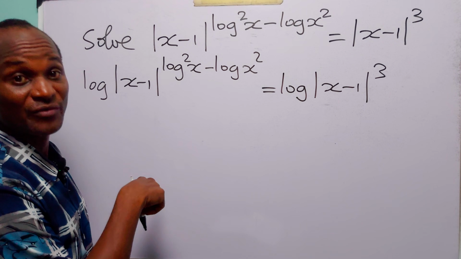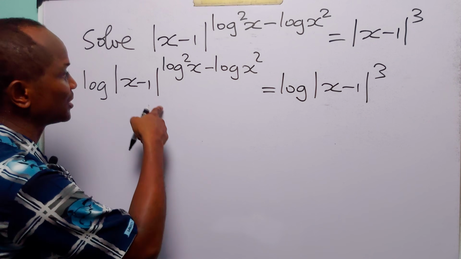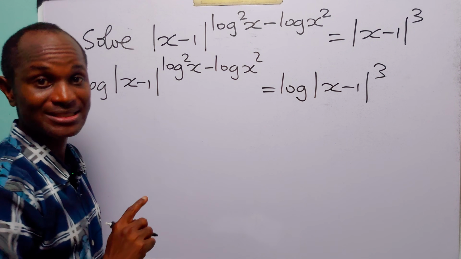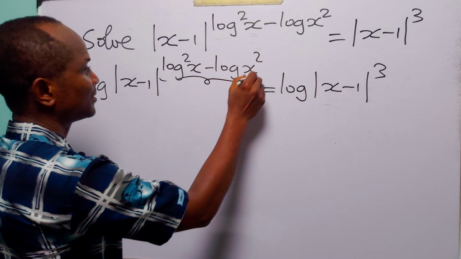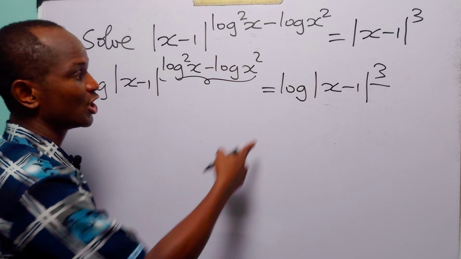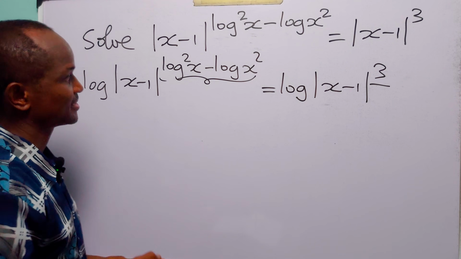Now, the next step to solving this equation is to apply the power rule of logarithms to both the left-hand side and the right-hand side. This is the rule that says that we can bring down these exponents to the front of the log terms to become multipliers.